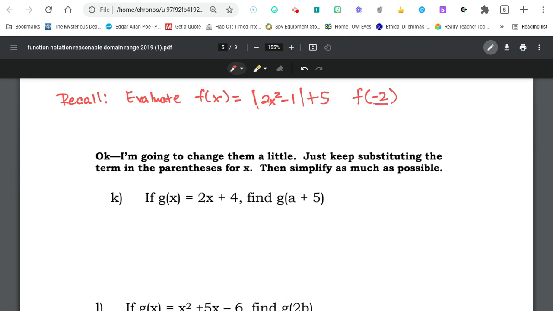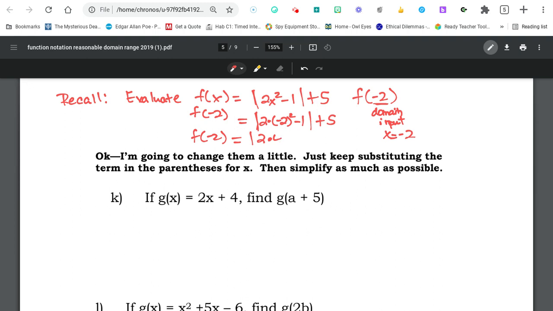Inside the parentheses is my domain or my input. So I'm putting in an x of negative 2. Everywhere I see an x, I will put in negative 2. So we end up with the absolute value of 2 times negative 2 squared minus 1, plus 5, and I will just go from there and simplify.